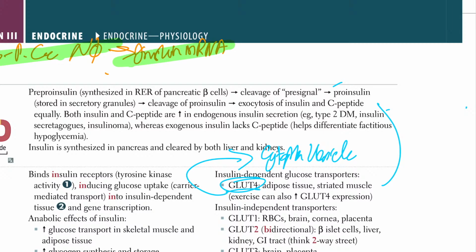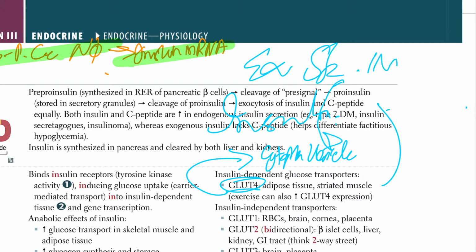But when you have insulin, or when you have exercising skeletal muscles, they are going to cause these vesicles to go up into the cell membrane and cause the expression of these GLUT4s, so they can catch the glucose and take it up into the cell.